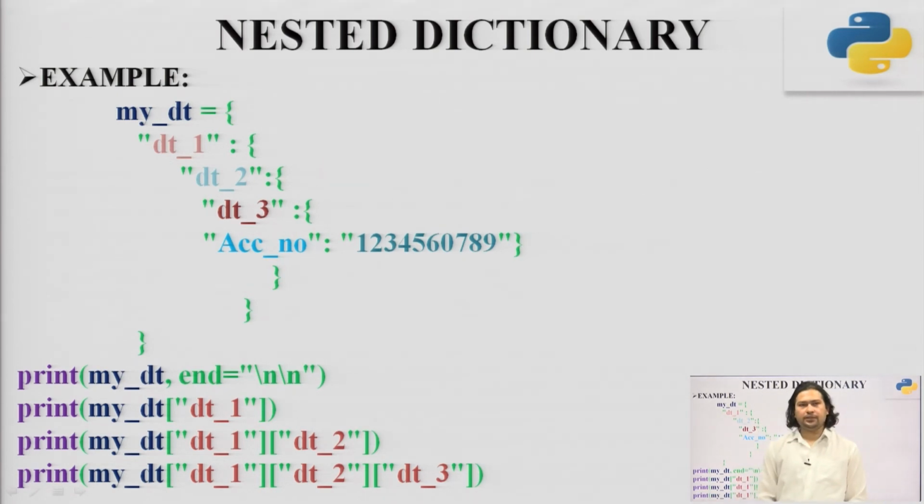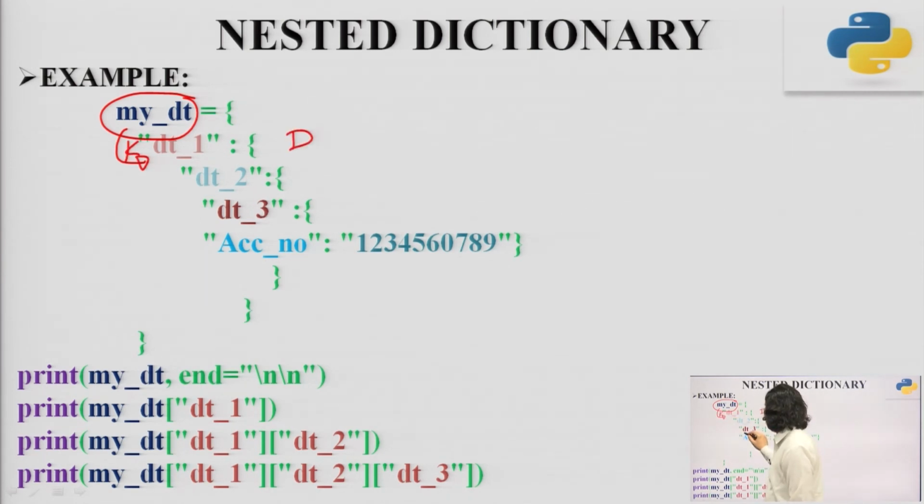Now, this is the last and special case of nested dictionary, in which you can see there is a following up of dictionary elements or dictionary data type. Here my DT is the parent data type, and in that here you can see this is the key which holds a dictionary. Now, in that this is the key which holds the dictionary, and so on.